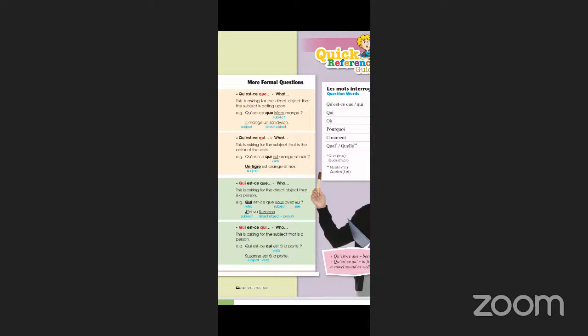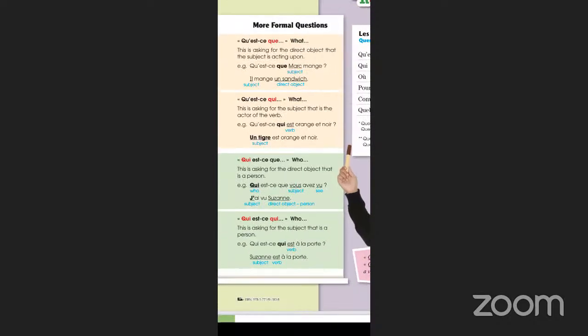Une figure is the subject, right? When you add une, that's the subject, okay? And then when you add j'ai, like for the third example, they're adding j'ai vu Suzanne.